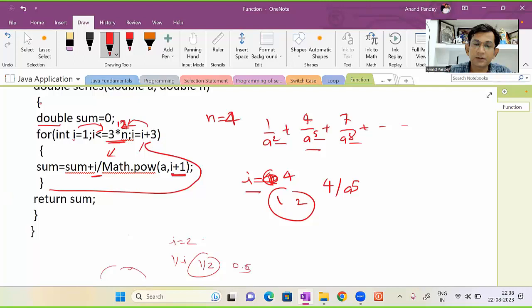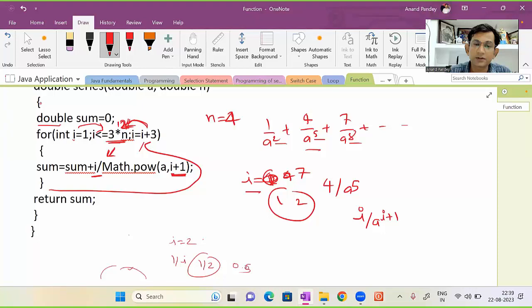The term of the series is i upon a to the power i plus 1, and there will be an increment of 3 in the value of i. Now i equal to i plus 3. i will be what now? 7. Condition true, control will go inside the loop.